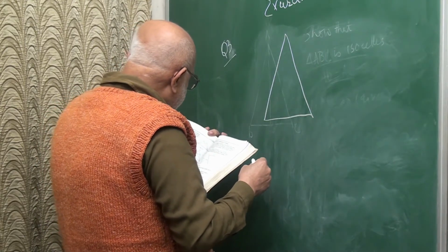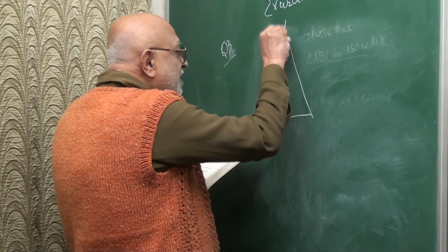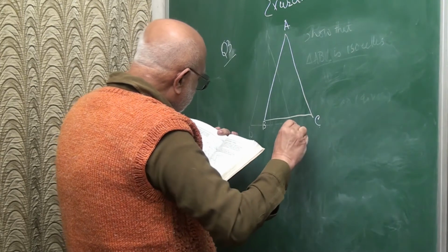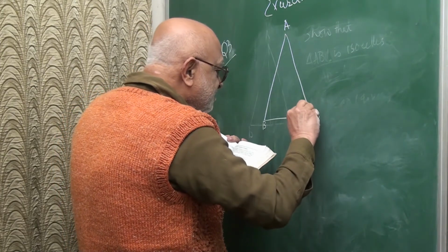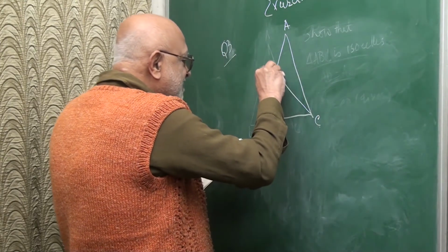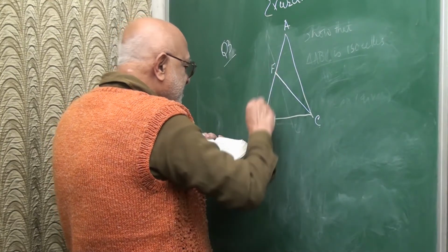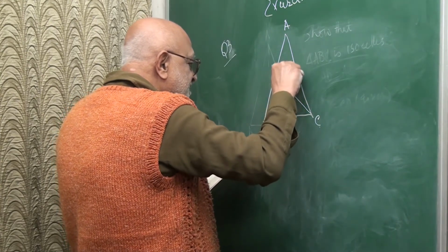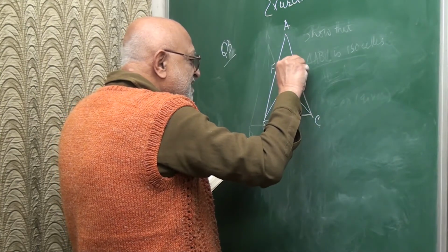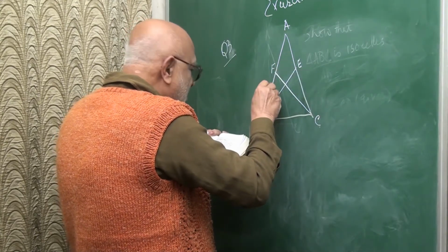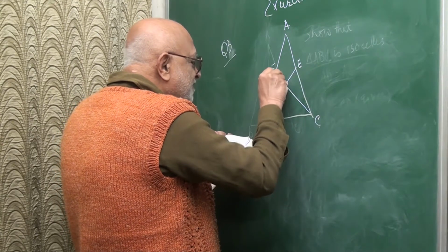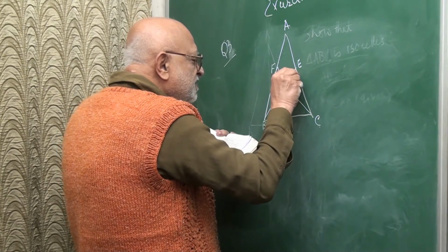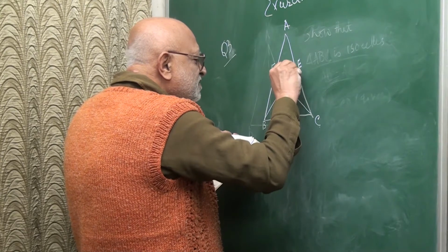So let us draw it: A, B, C. Here this one has been given as F and this is given as 90 degrees. This is E. So this one is perpendicular, and this one is also perpendicular because they are a linear pair.